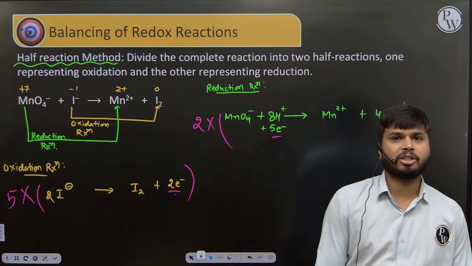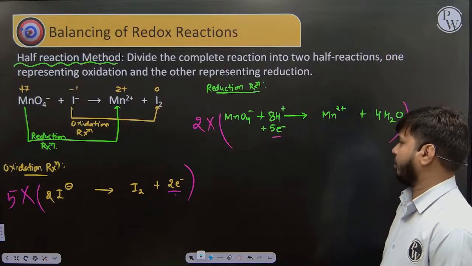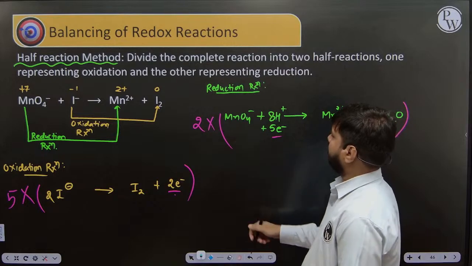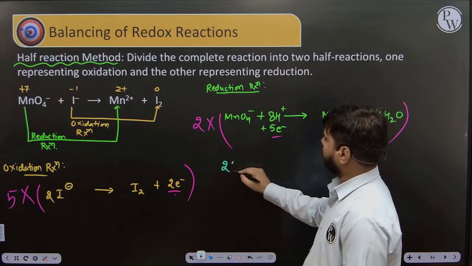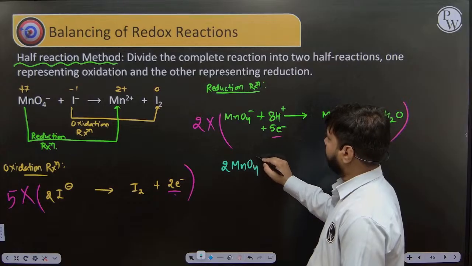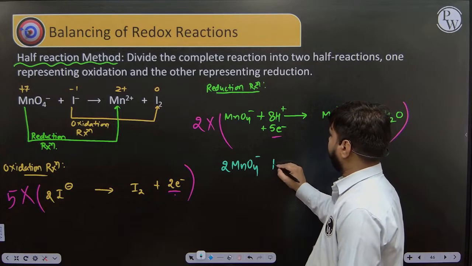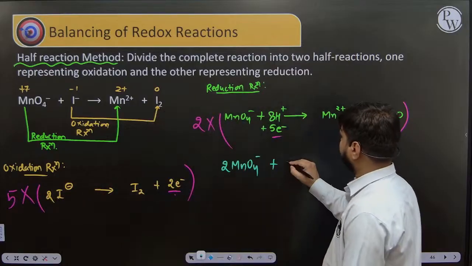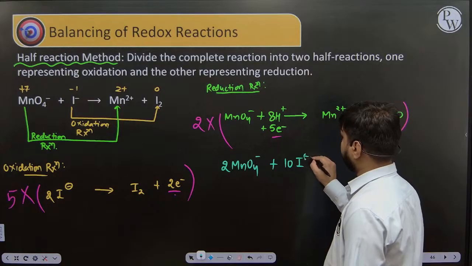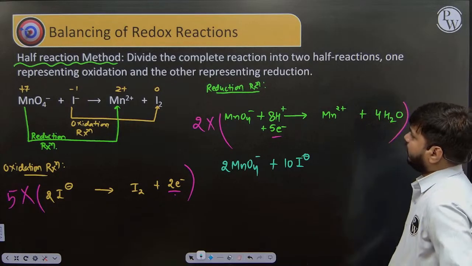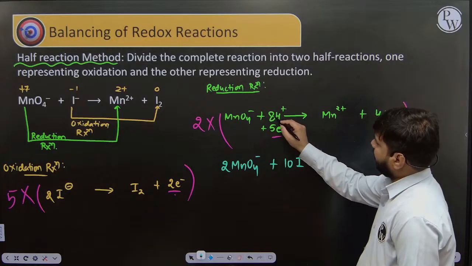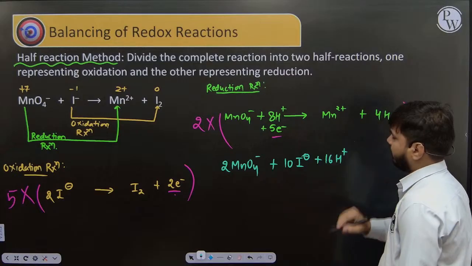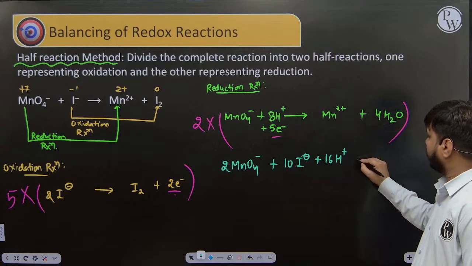Now I am going to write down the final equation. I'm going to combine both of these two equations. So 2 into MnO4 minus, 2MnO4 minus, plus 5 into 2, so 10I minus. Then 8 into 2, so we will be having 16H plus.